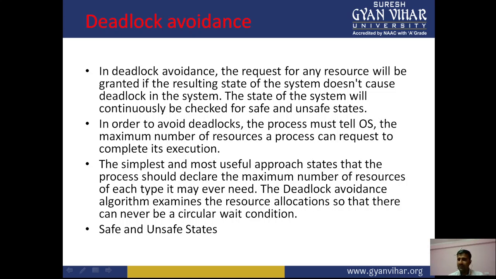Most deadlock avoidance algorithms need every process to tell in advance the maximum number of resources of each type that it may need. Based on all this information, we decide if the process should wait for a resource or not, to avoid the chance of circular wait.